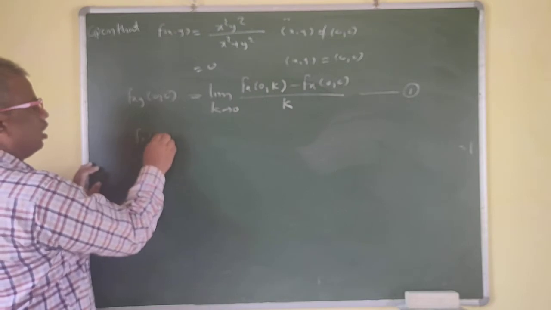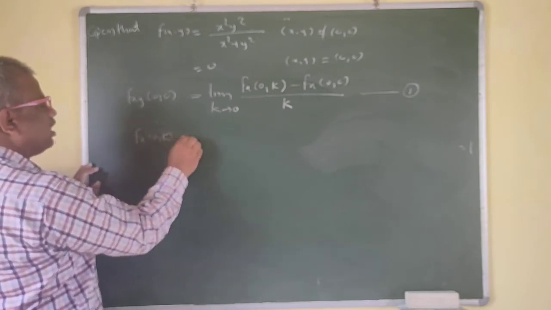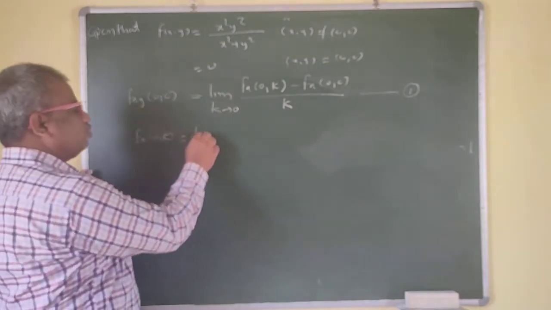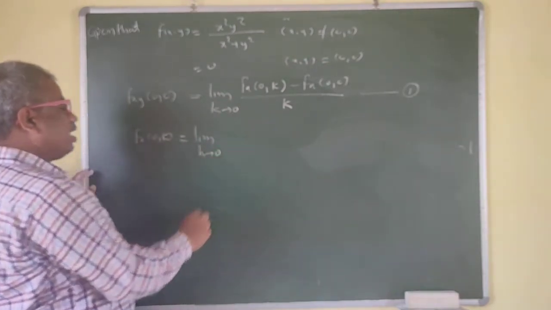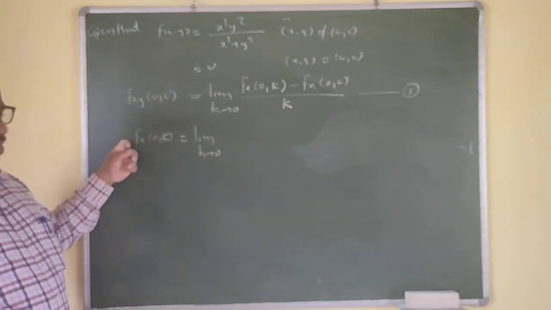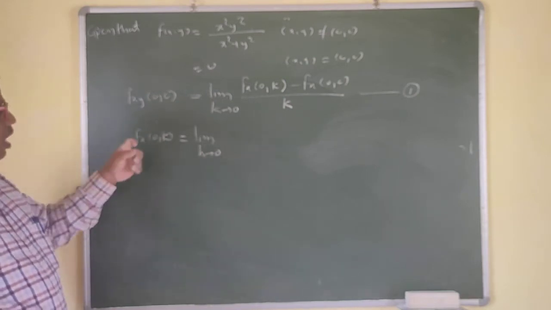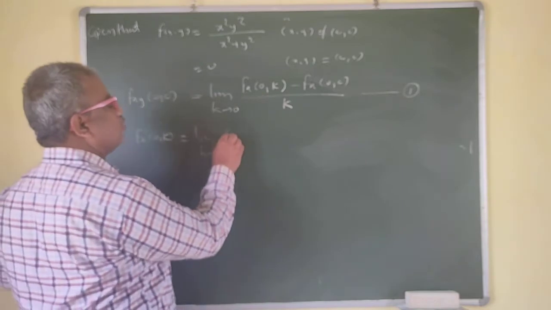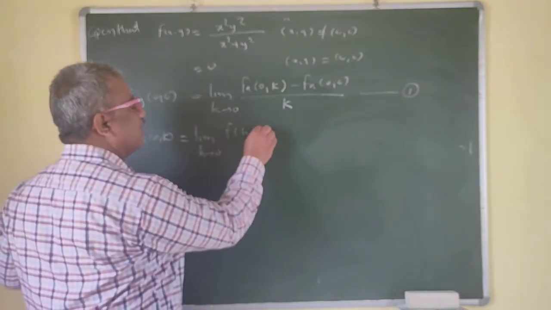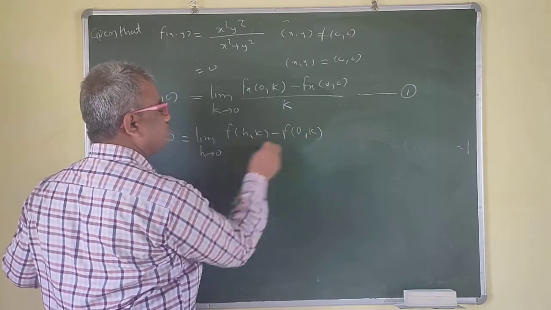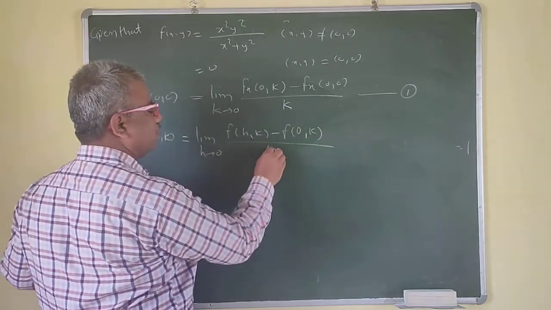So we'll find fx(0,k) now. Here we are differentiating f partially with respect to x, so we'll take h tends to 0. With respect to x, that means we have to increase the x coordinate by h.